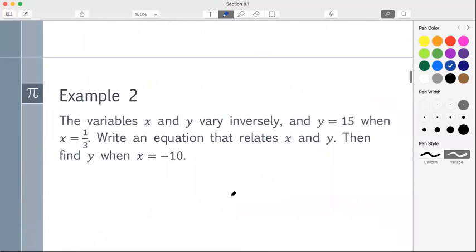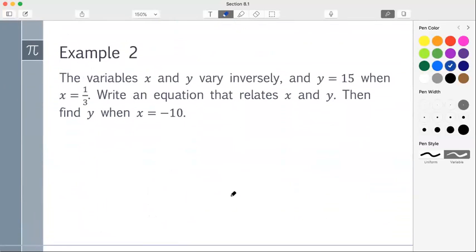All right, moving on to example 2. The variables x and y vary inversely. As soon as you see this phrase, what I like to do is write the equation: y equals a over x. Varies inversely. All right, that's step one. Step two, we're going to use the given information to solve for a. So y equals 15 when x equals 1/3.